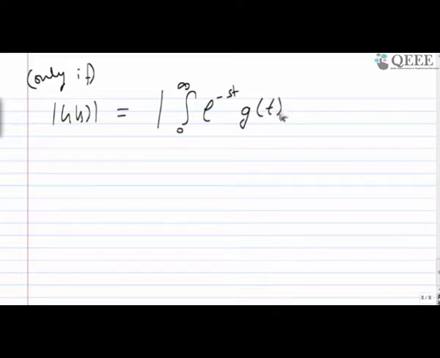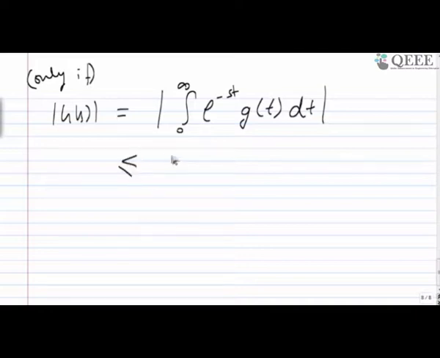So we assume that for all values of s for which the real part of s is greater than or equal to 0, let's write the mod of G of s as the integral from 0 to infinity of this one, where this is the Laplace transform and we are taking the mod of both sides.